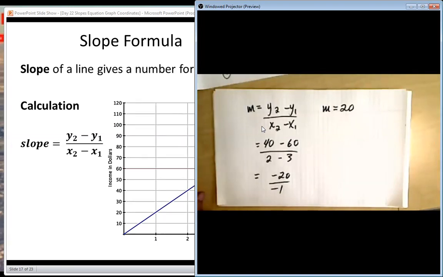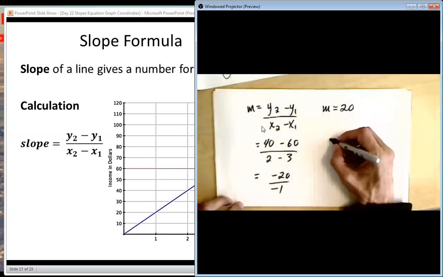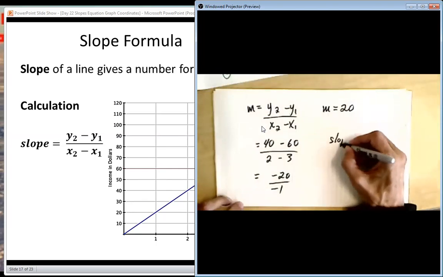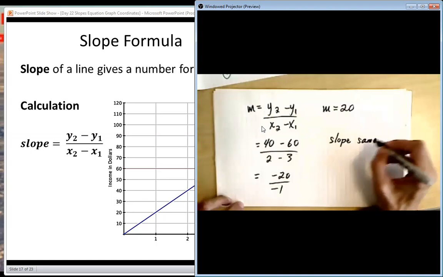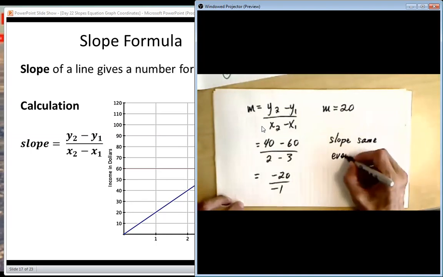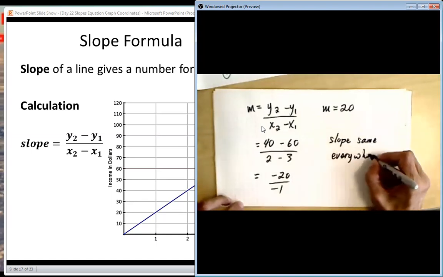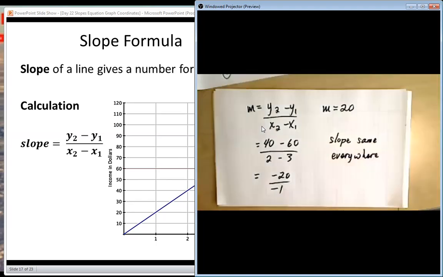Yeah, exactly. So it's something that's special about a line that I haven't said, and that for a line the slope is the same everywhere. So we chose 2 points to get this slope. Worked it out. If you happened to choose 2 different points, you get the same answer.